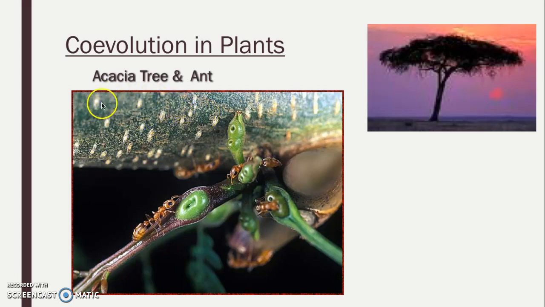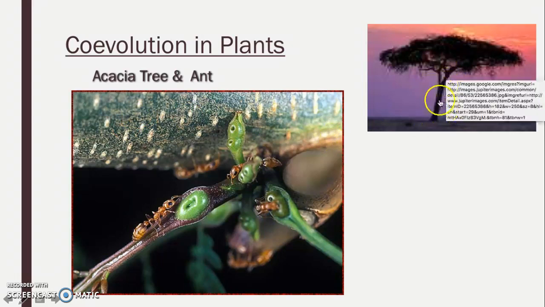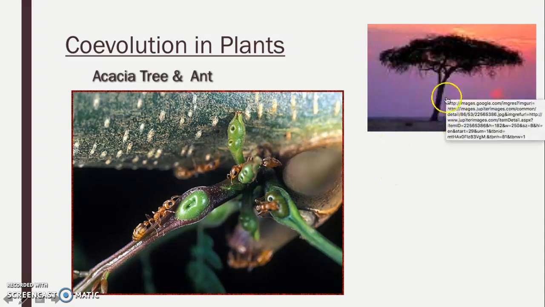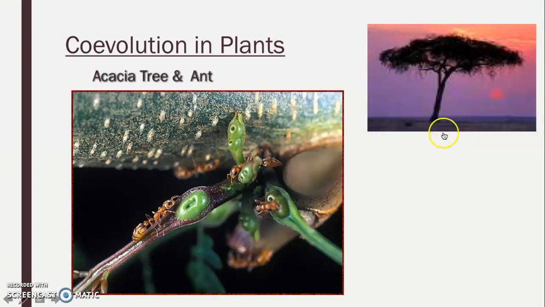So the ants actually reside within the acacia tree. Okay, so the acacia tree provides a home for them, and the ants help to defend the tree. So if anything tries to consume the tree bark, the ants will be there and they'll attack, and they also wander out and cut down some of the plants that are growing around in the area.